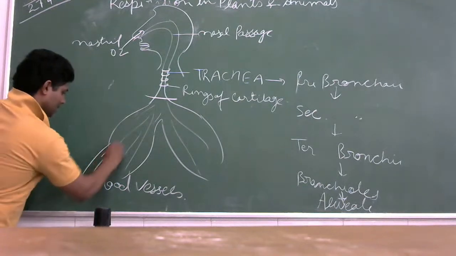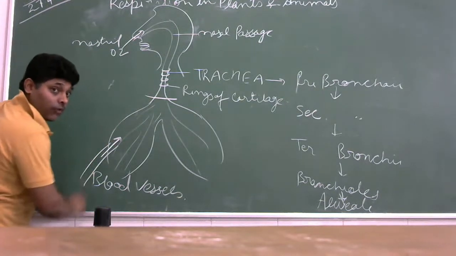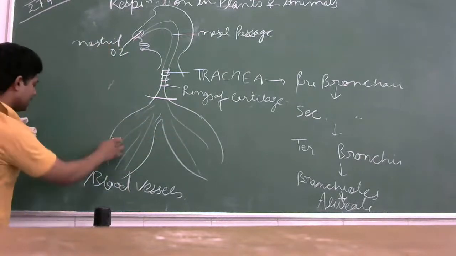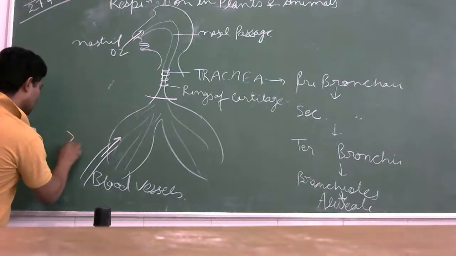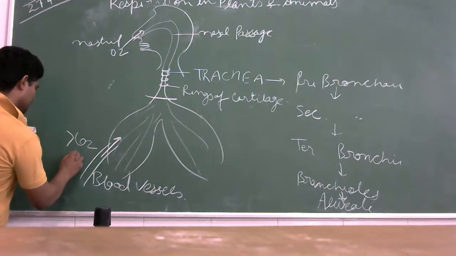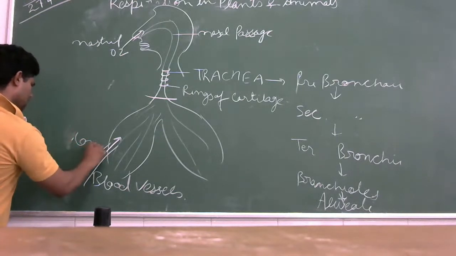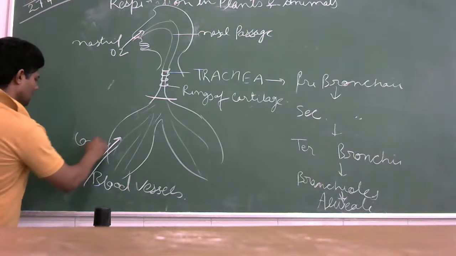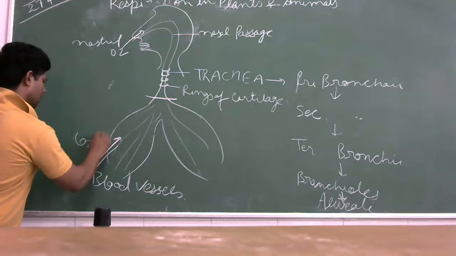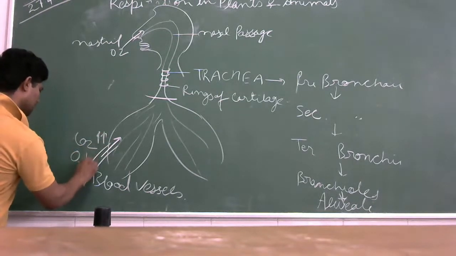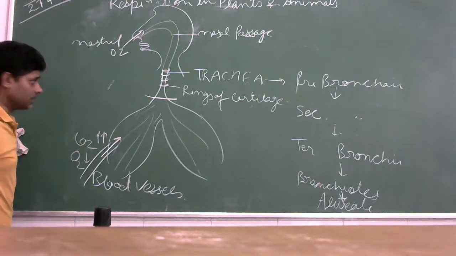Blood vessels carry the blood from the body to the lungs, from the heart to the lungs, and it has higher carbon dioxide concentration and less oxygen concentration.